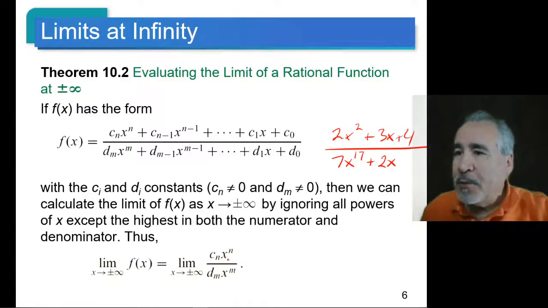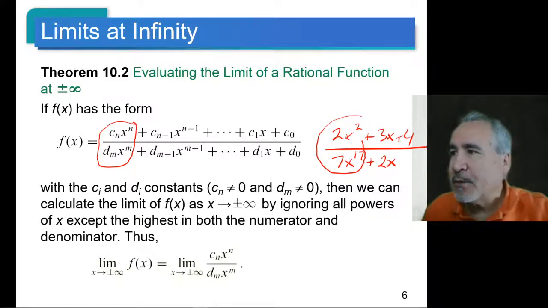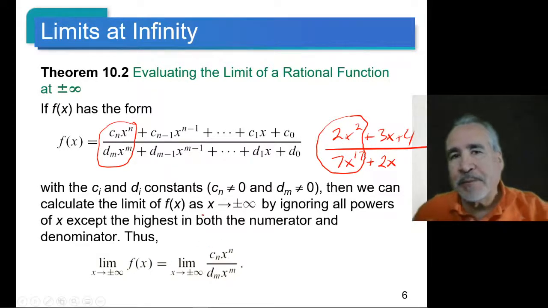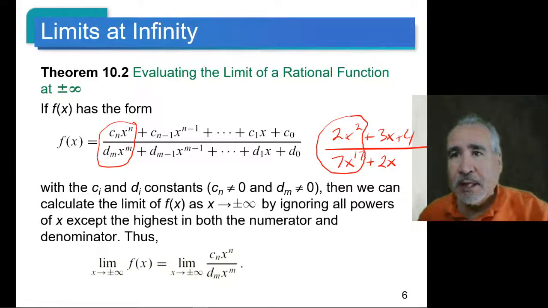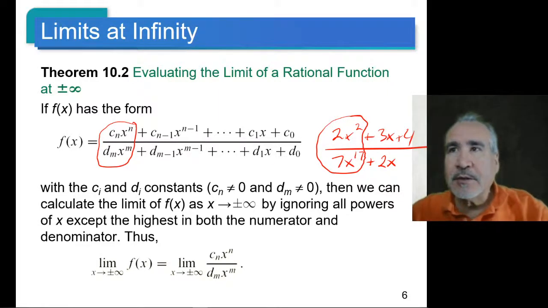What this tells us is all we need to do is look at the biggest degrees. All of these are smaller. So in this case, all we'd have to do is look at the ratio of the biggest degree on top to the biggest degree on the bottom. We'd look at that limit, and that would tell us everything we needed to know about what happens at infinity.